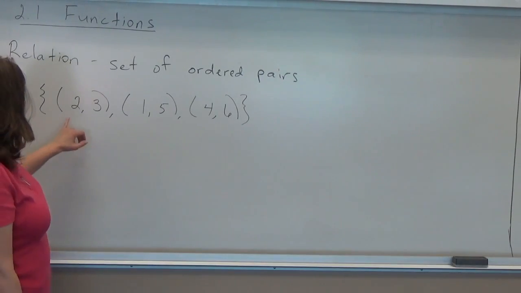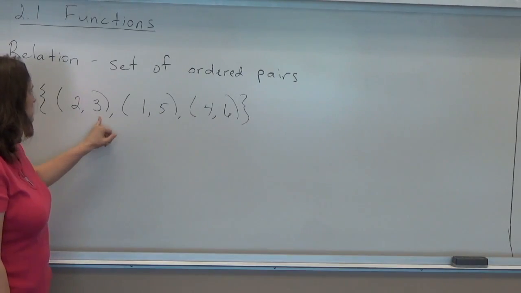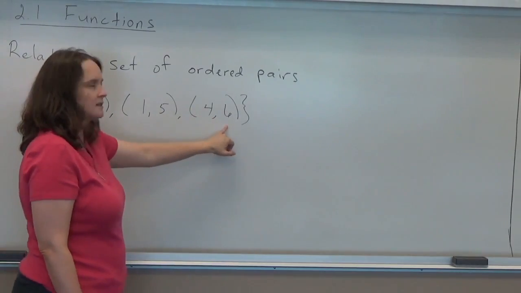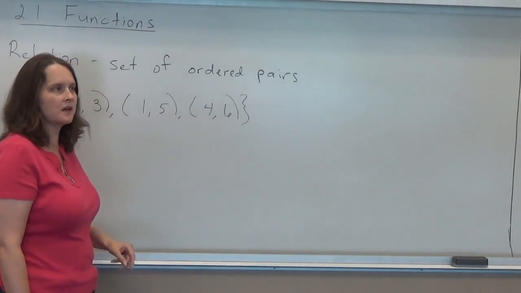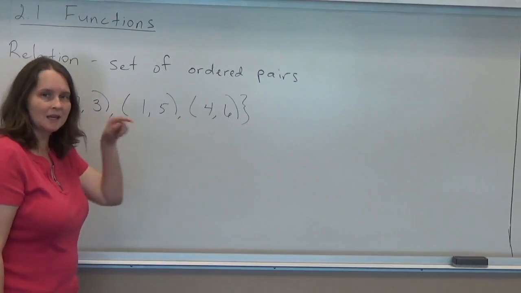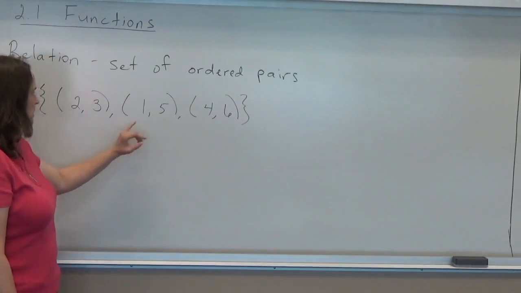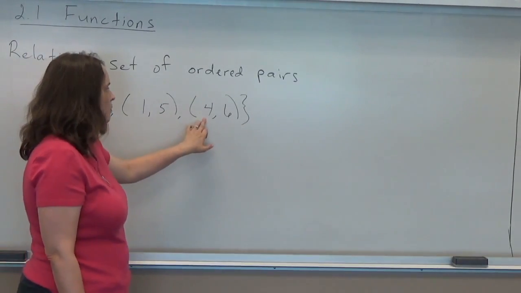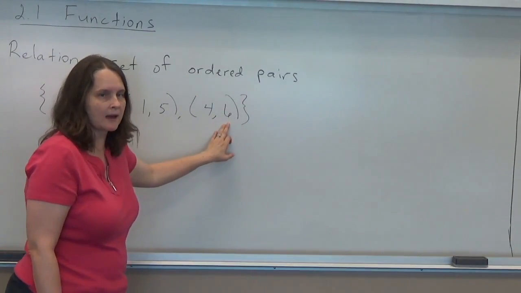You've got x equal 2 gets matched with 3. When x is 1, it gets matched with 5. When x is 4, it gets matched with 6. So you could also think of this as saying, if you put 2 in, you get a 3 back out. If you put 1 in, you get exactly one value back out. If you put in the 4, you get exactly one value back out.